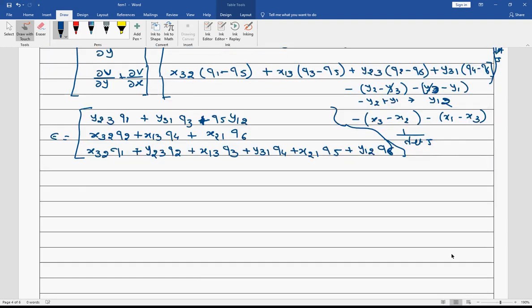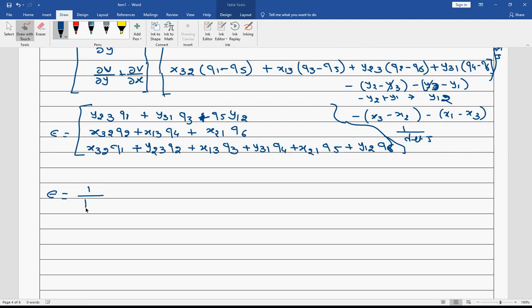Now I can write epsilon as 1 over determinant of J. Then I can write y23, 0, y31, 0, y12, 0.